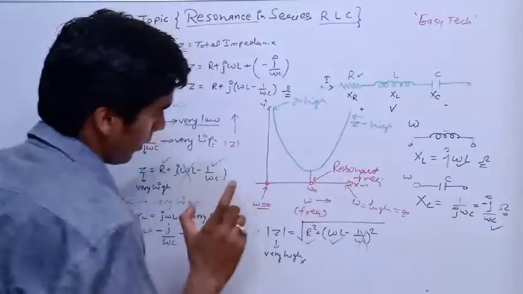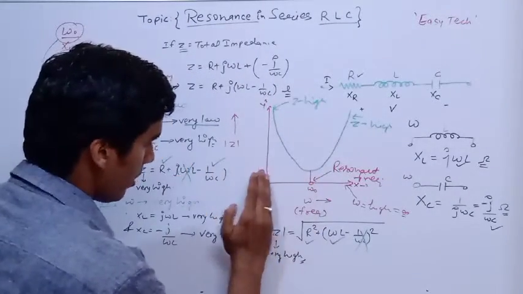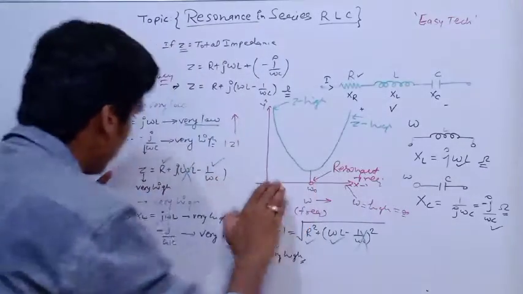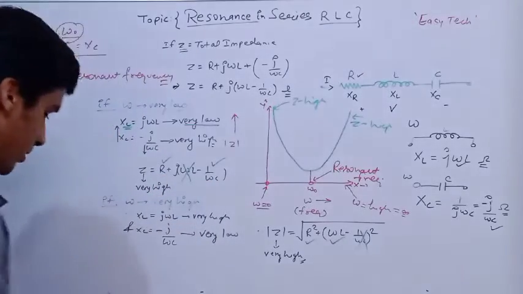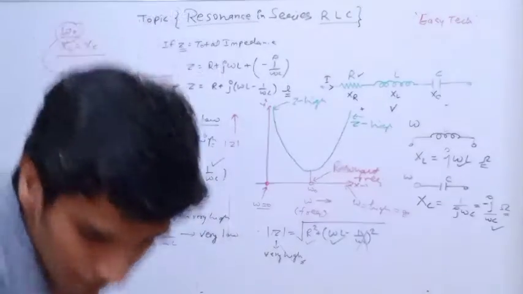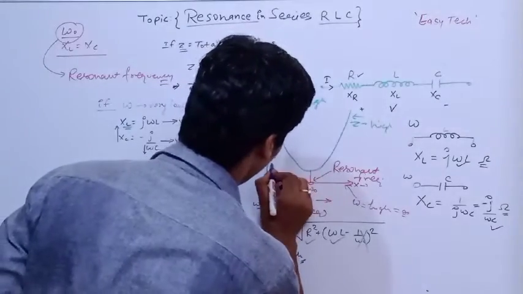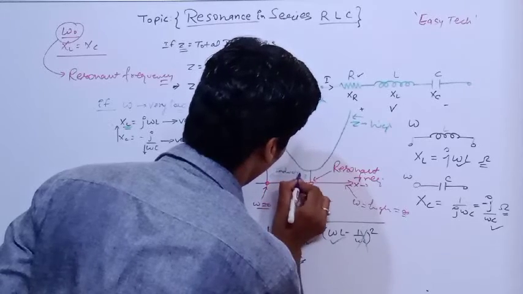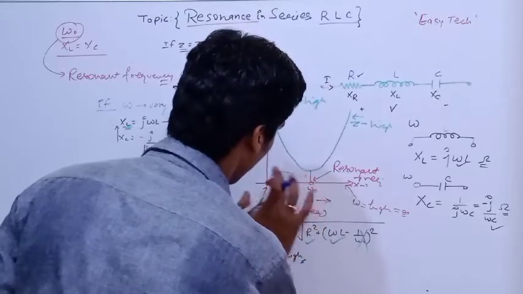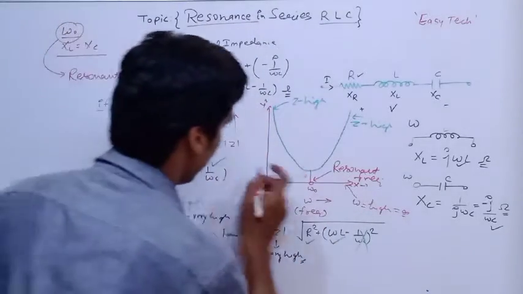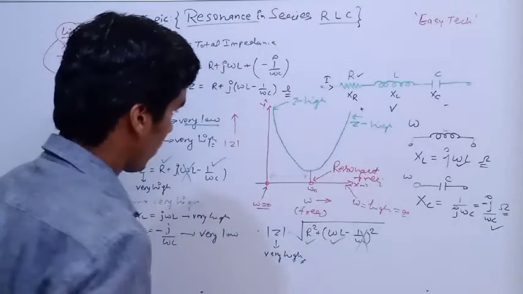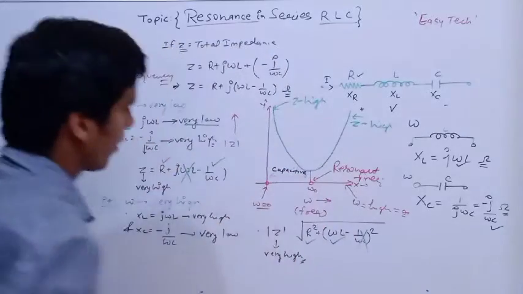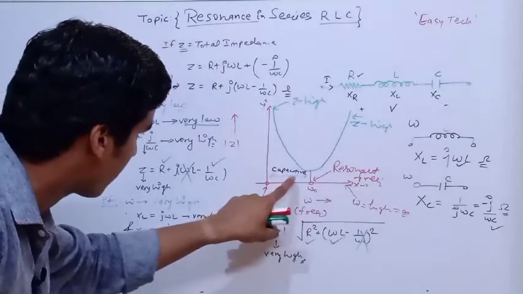Now please note one point. Before resonant frequency, when omega is very low, your circuit behaves like R and C. Here your circuit behaves like a capacitive network.